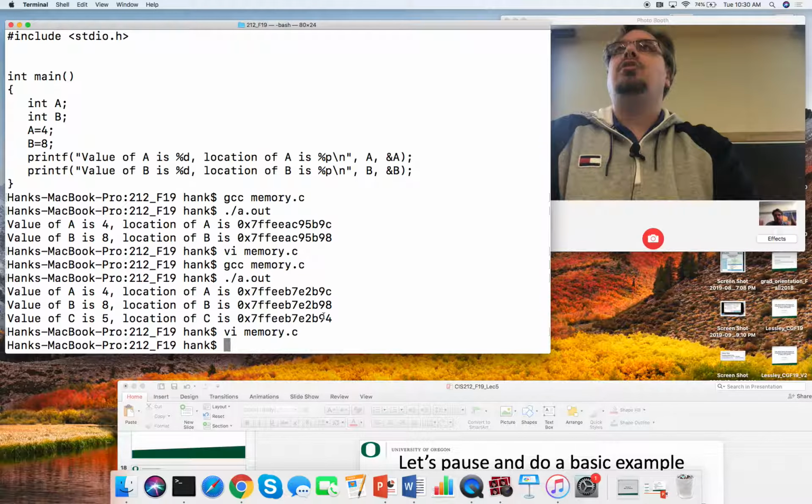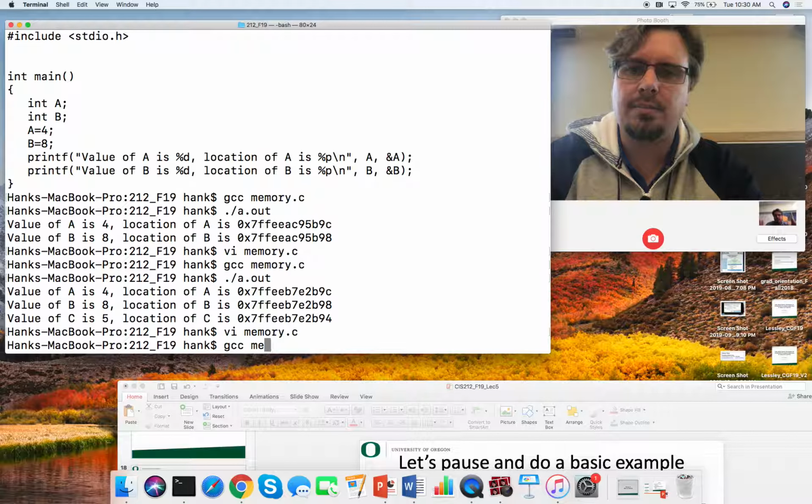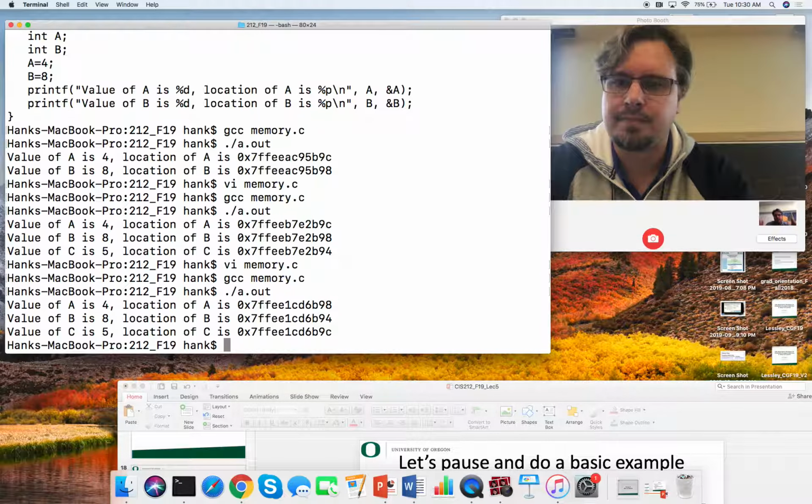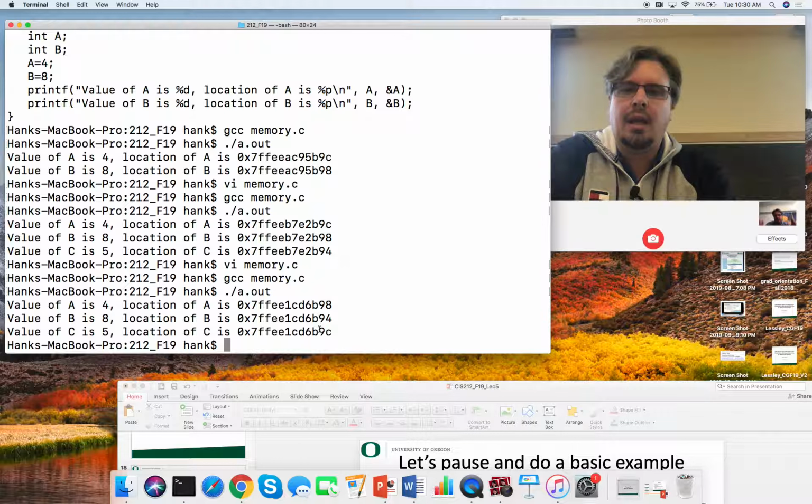Now for a trivial case like this, it's almost certainly going to be that. Let's compile and run and see what we get. So now, as we suspected, C was at 9C, A was at 98, and B is at 94. And so the order of declaration in this case affected the memory layout.